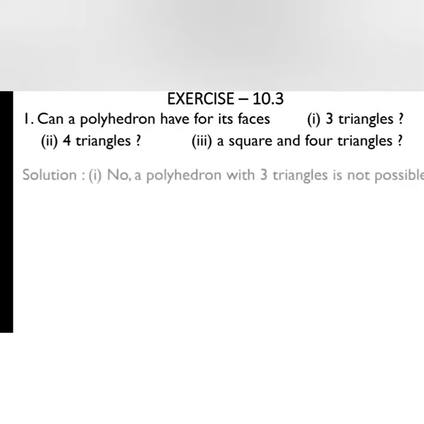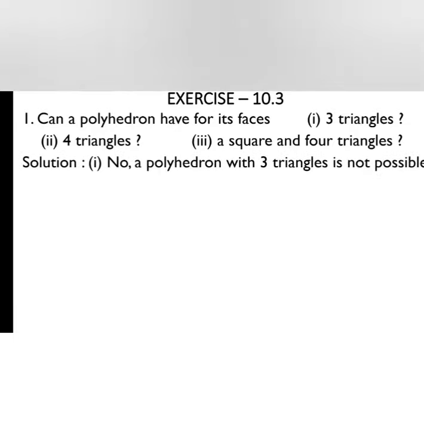So for the solution, for 3 triangles a polyhedron is not possible. So we will write no, a polyhedron with 3 triangles is not possible. For number 2, that is 4 triangles, yes, a polyhedron with 4 triangles is possible, as one triangle we can place as a base and the remaining 3 triangles on the 3 sides of the base triangle, and we can make a polyhedron.